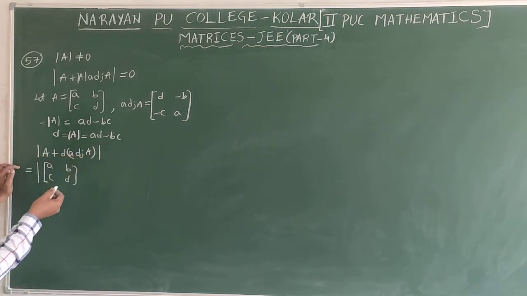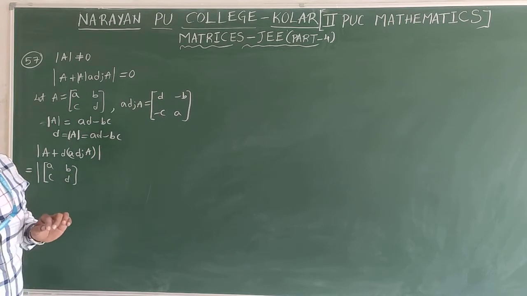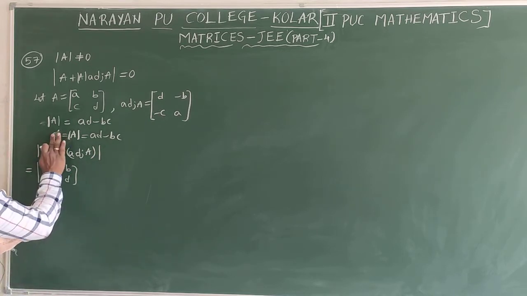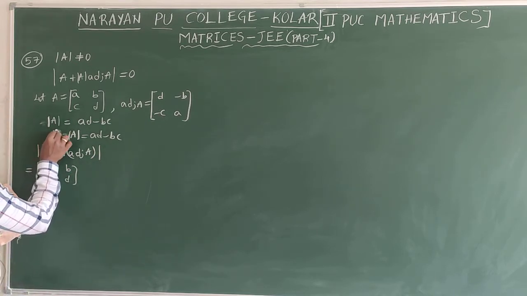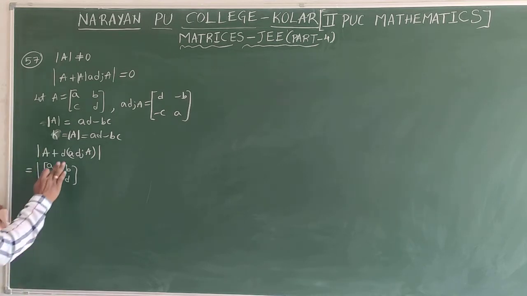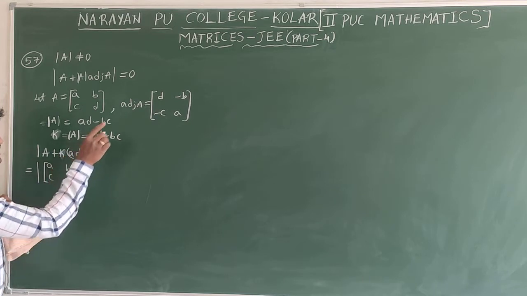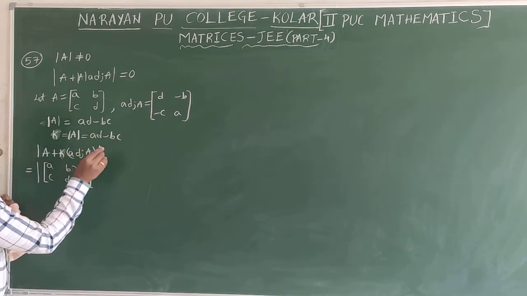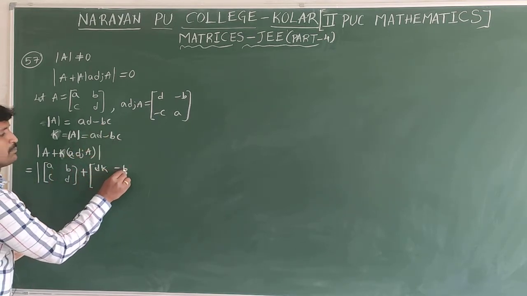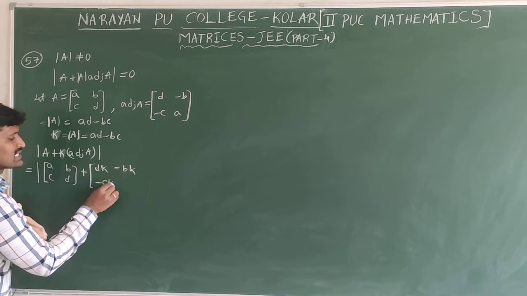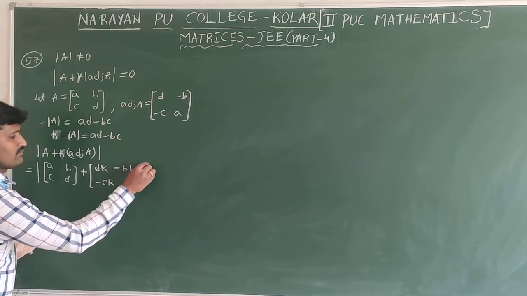Now the d symbol is already there, so I will take a different one, k, for easy purpose. K into adjoint A, what will you get? dk, minus bk, minus ck, ak.